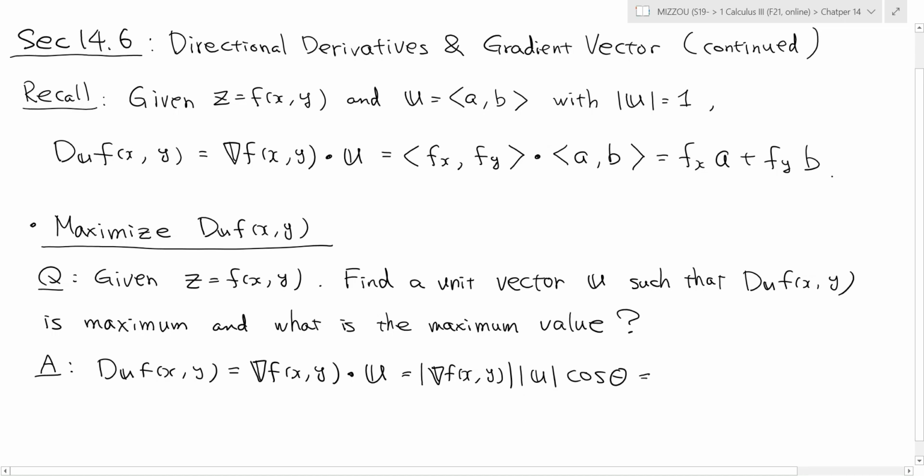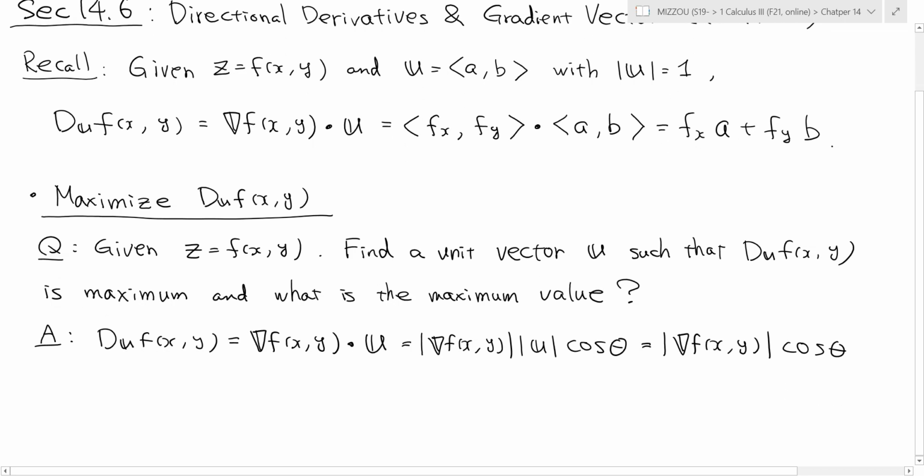So therefore, the directional derivative is the magnitude of the gradient times cosine theta. And then cosine is always between -1 and 1.